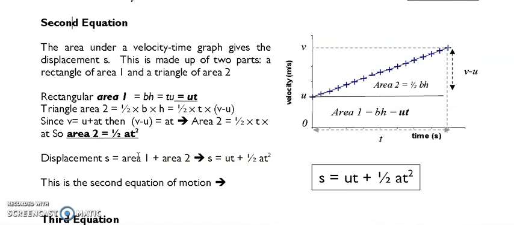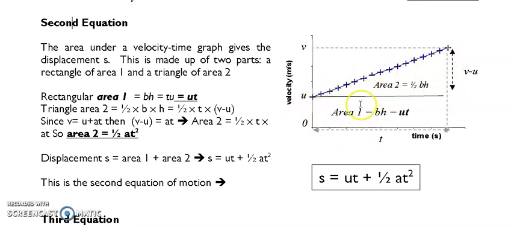The second equation of motion again comes from this velocity time graph. So if we want to find the displacement from a velocity time graph, we have to work out the area underneath the graph. So this graph here has been split up into two areas. We have area 1, this area here, which is a rectangle, and we have area 2, this area here, which is a triangle.